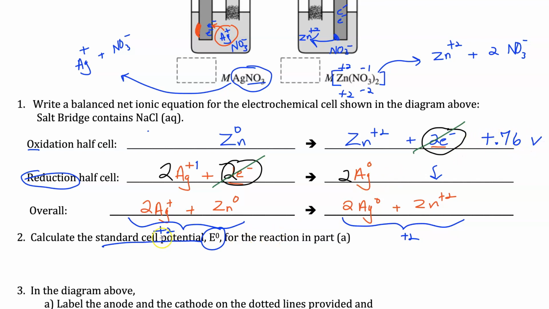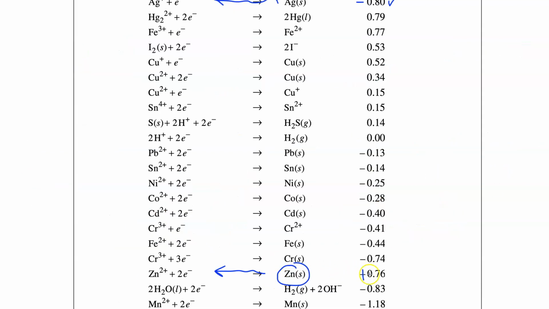Now silver gaining electrons here, it actually likes to do that, and that was a positive value as written in the standard reduction potential table. And there we are for zinc going backwards, as we just saw before.